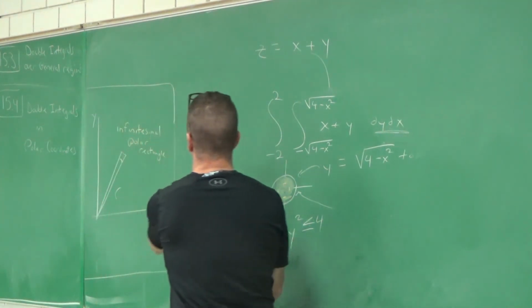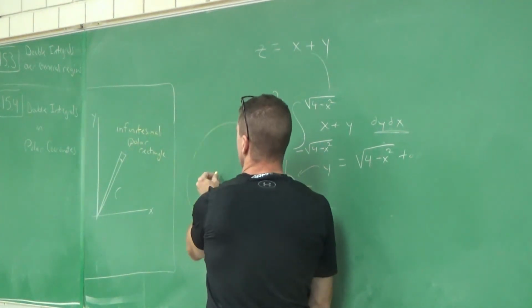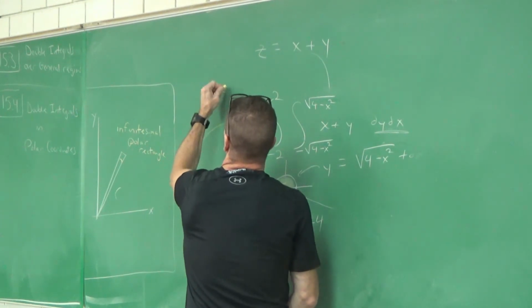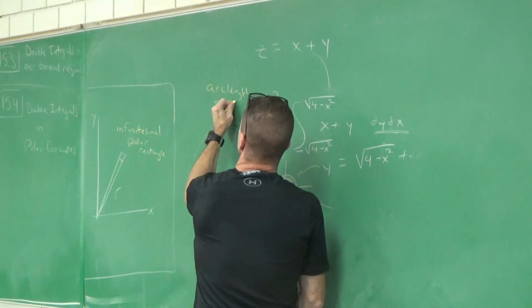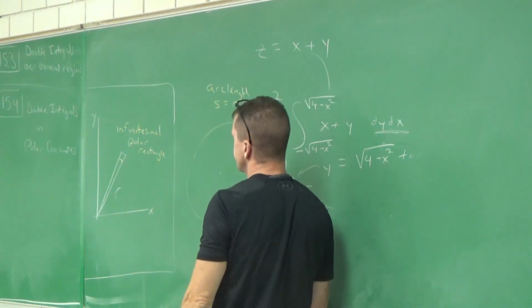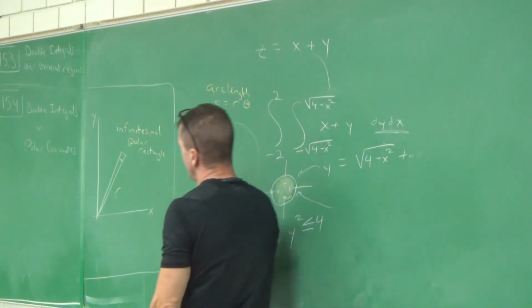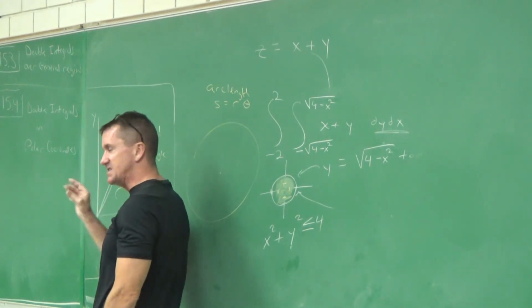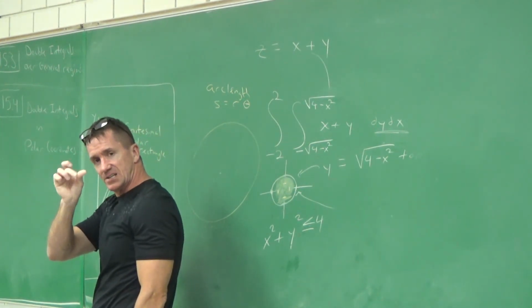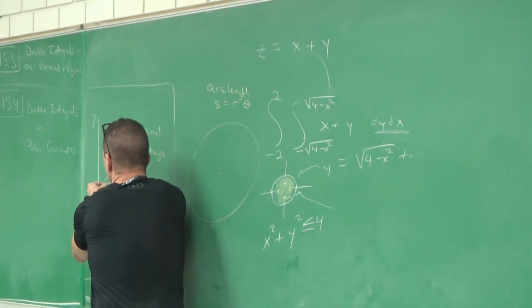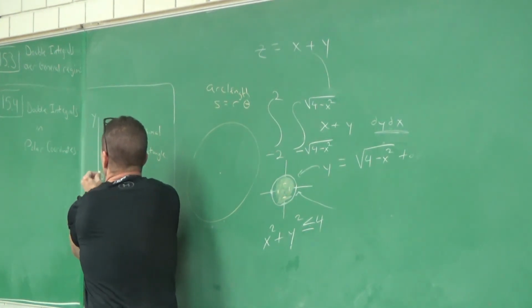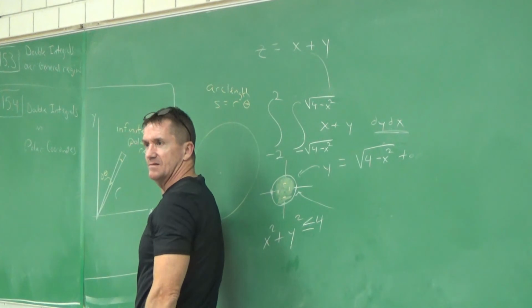So does anybody remember the equation for an arc? The equation for an arc of a circle, they called it S, was radius times theta. All right? But this theta in here, everyone, is infinitesimal. It's just infinitesimal as well. So I'm going to call this angle right in here d theta. All right?